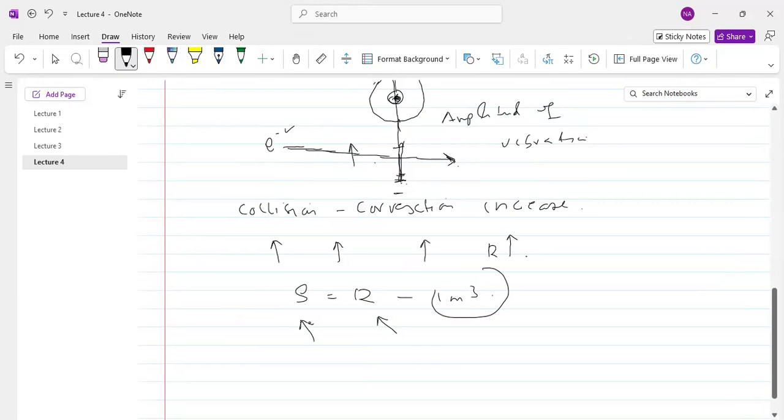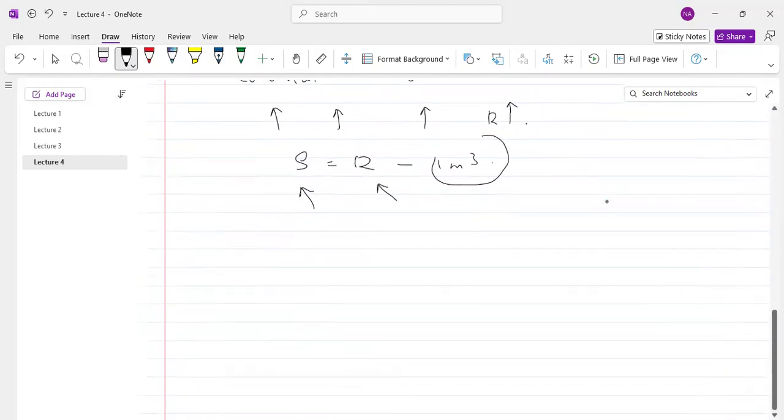So this is actually the main theme of the understanding behind the reason for the increase of resistance or resistivity of a material due to temperature.